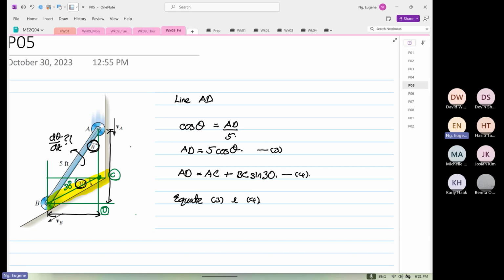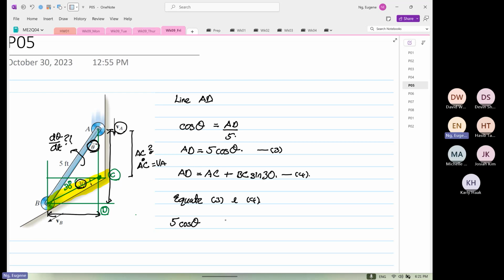So AC is this distance over here. We don't know what is AC. However, do we know what is AC dot? Is equal to VA. Right, because point C is in fact a dead point, right? It's not moving, so everything is from point A. So we equate both of them.